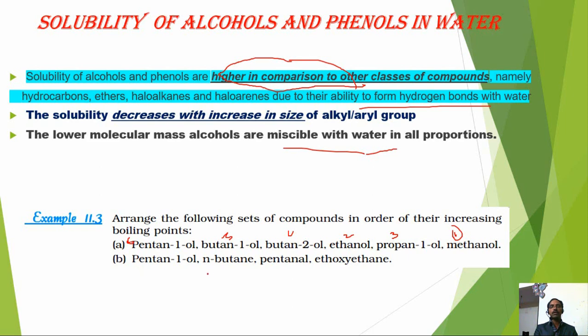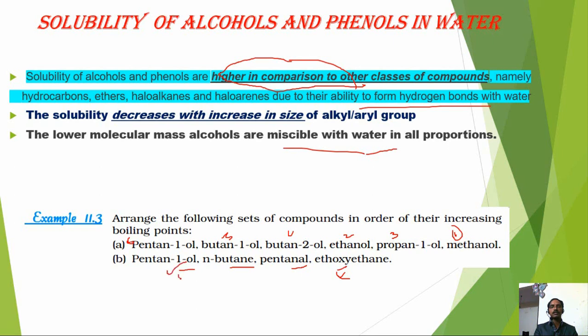Next, pentan-1-ol and n-butane and ethoxyethane. This is ethoxyethane, meaning ether, this is pentanol, this is the alkane, these are the alcohols.